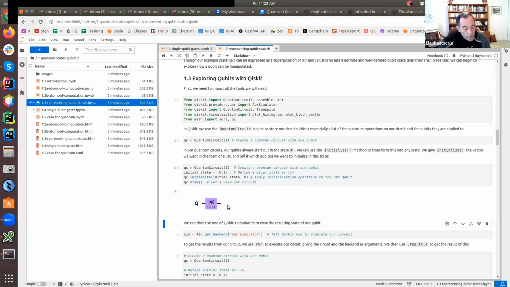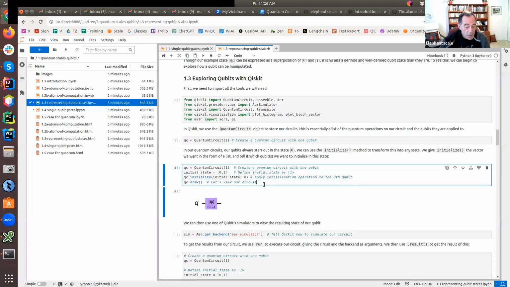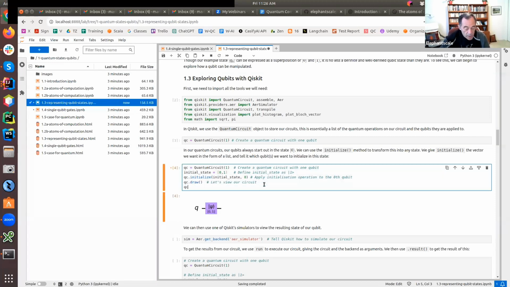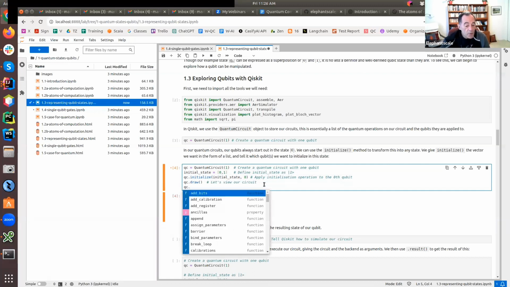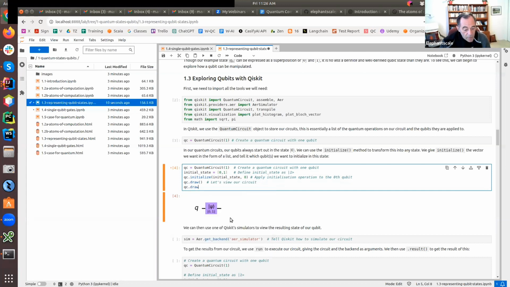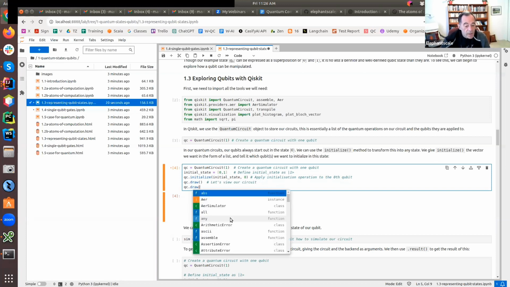Well, when you do it, play around, play with other functions. What else can you do? For example, you say QC, and since you're now in a good environment, you can hit Tab and look at all the functions that you can do. Let's look at all the drawing functions that you have. Draw, and then what can I put as a parameter there?